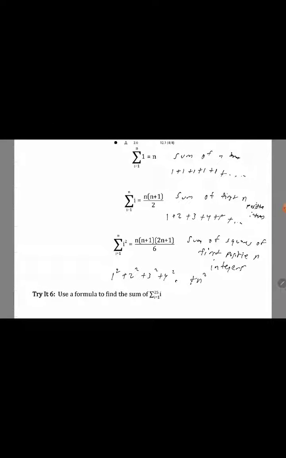Alright, part 6. Use a formula to find the sum from i equals 1 to 25. Okay. So, this is the second equation. Right here. So what it's telling us is that it's equal to this formula here.